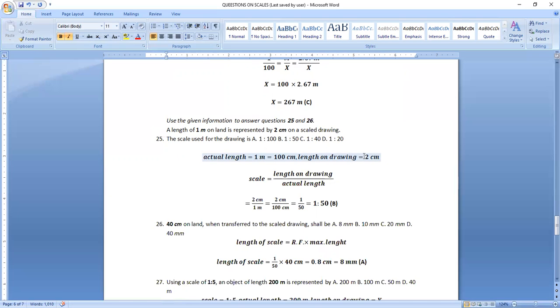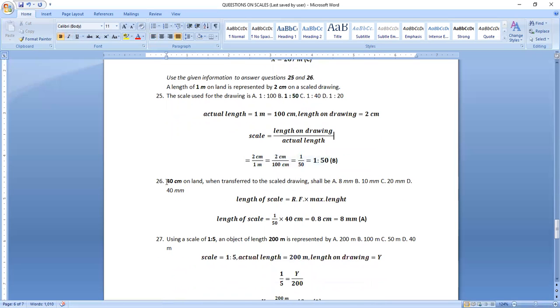Our length on drawing is 2 centimeters. So the scale is equal to length on drawing over actual length, which is 2 centimeters over 1 meter, the same as 2 centimeters over 100 centimeters, and the scale used is 1:50. So option B is the answer to the question.